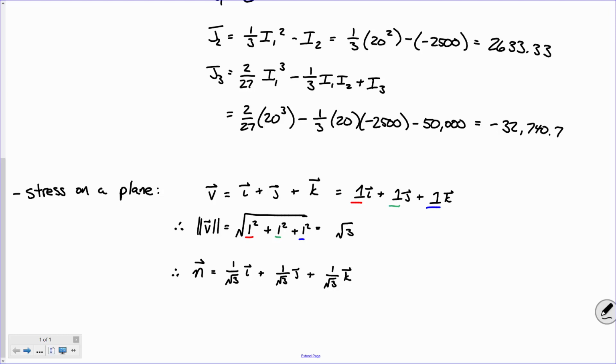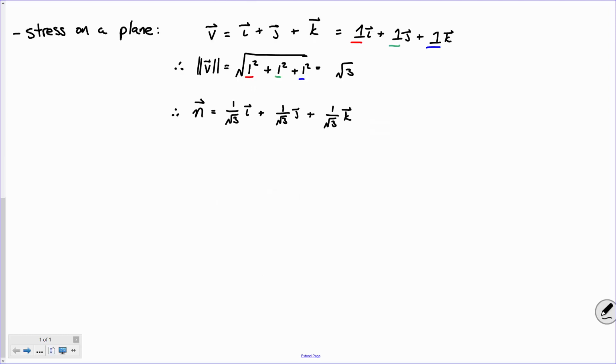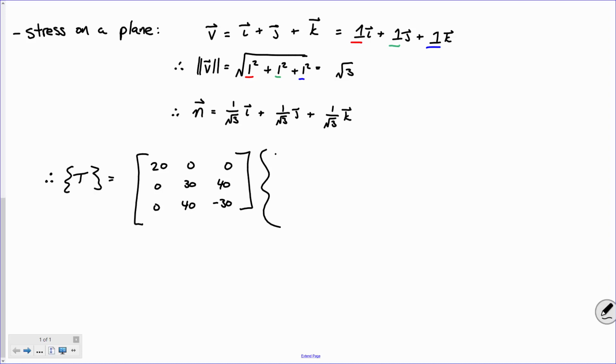Make sense? So if you want, you can say your stress vector equals the original matrix. What is it? It's like 20, 0, 0, 0, 30, 40, 0, 40, minus 30, and then 1 over the square root of 3, 1 over the square root of 3, 1 over the square root of 3.